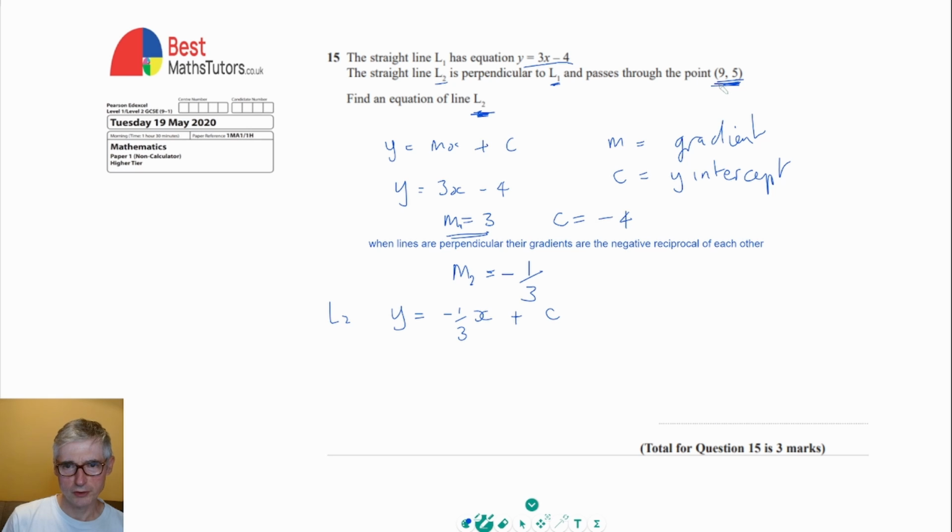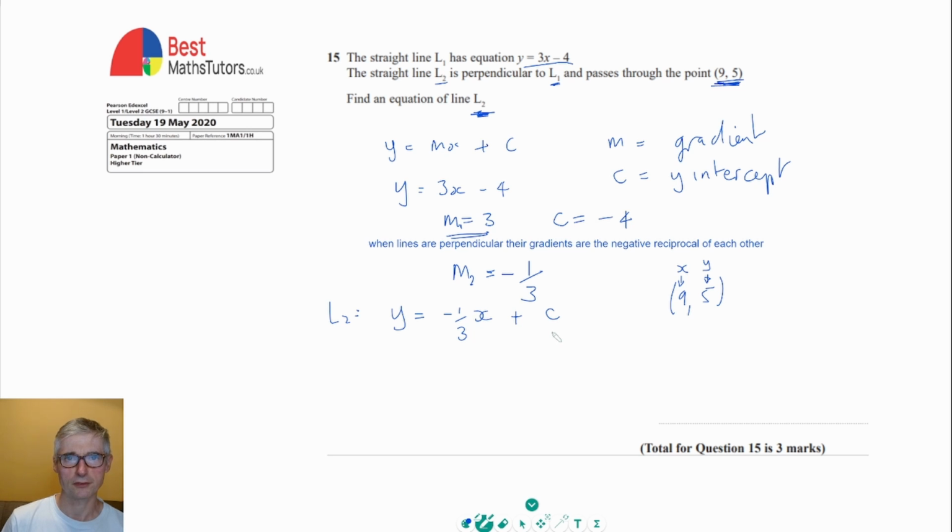If we substitute in this point, then we can find the value of c. The x value is 9 and the y value is 5, so I substitute those into the equation for L2.